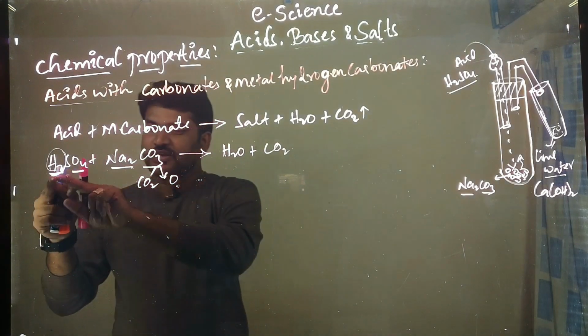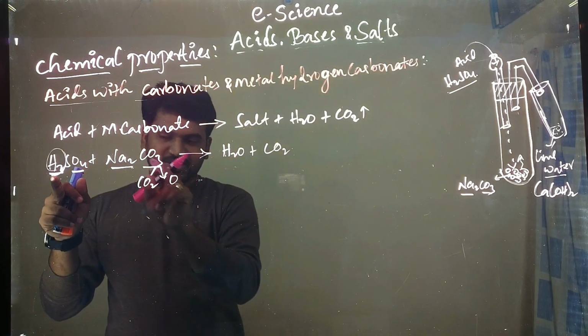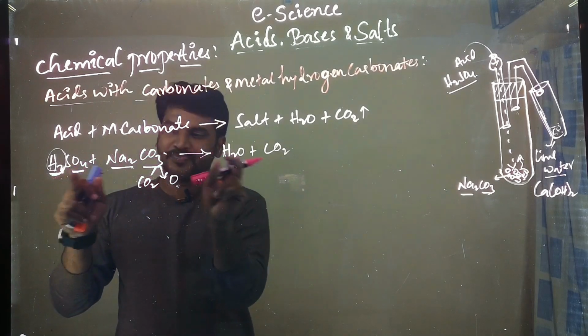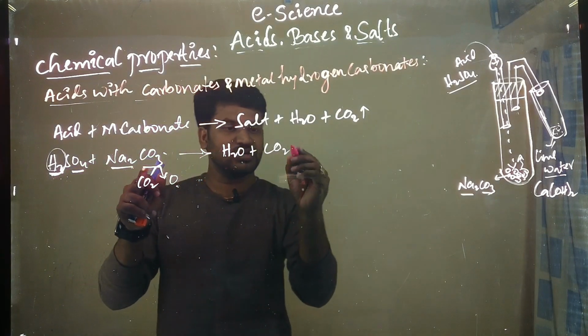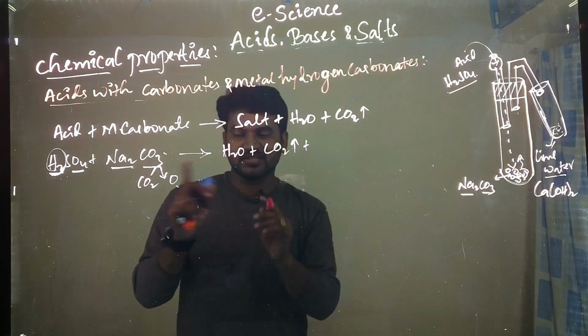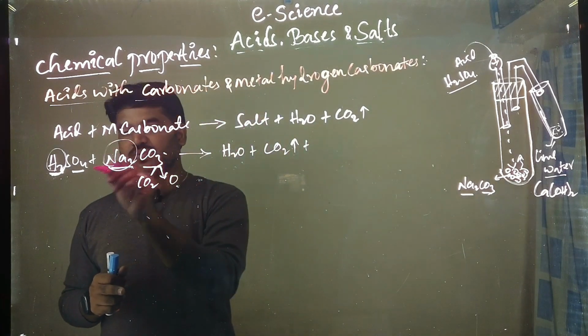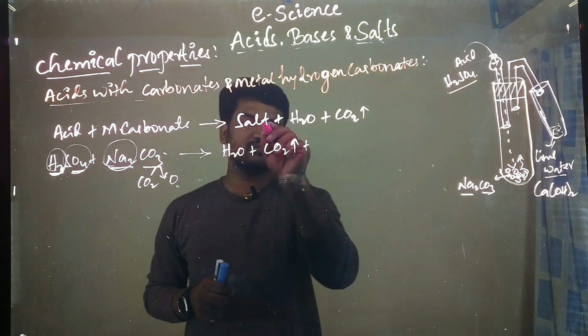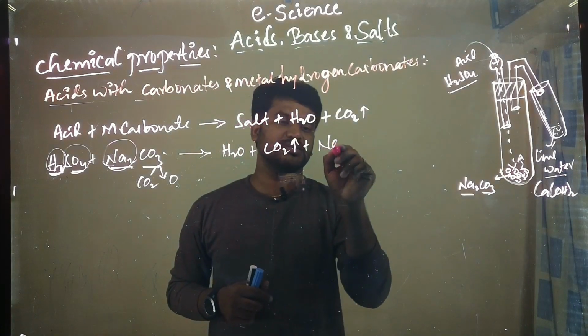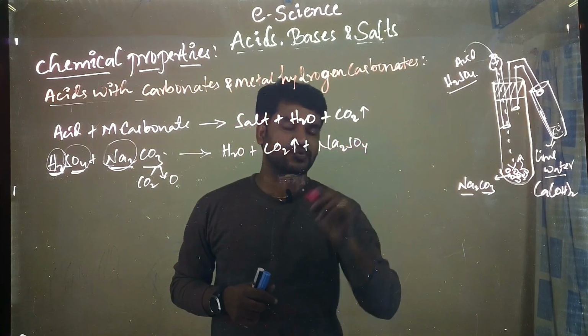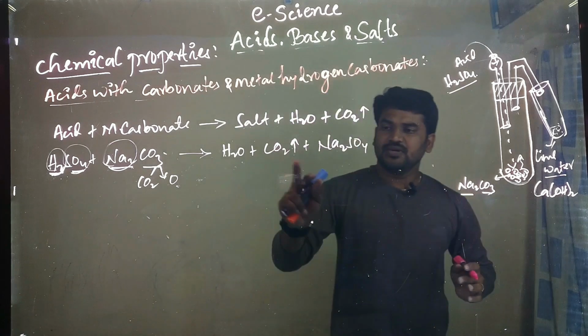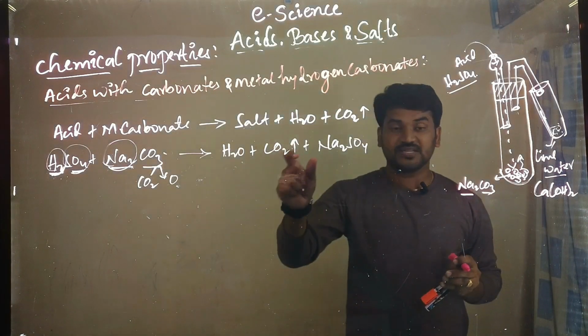From here one oxygen, H2O, and here CO2 will be there, that is CO2 gas. What is remaining over there? Na2SO4, and the salt is, we need a salt, no? That is Na2SO4, right? Now hydrogen gas evolved, carbon dioxide gas evolved.